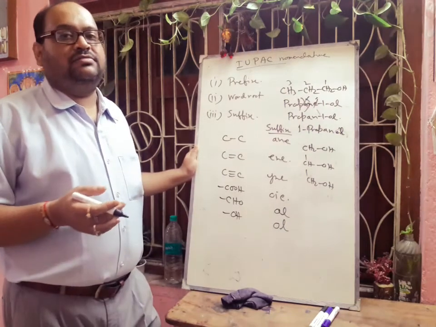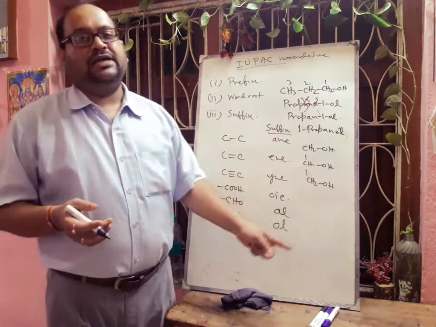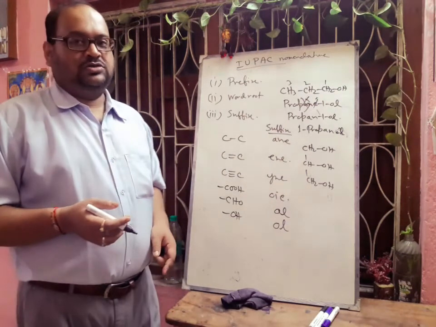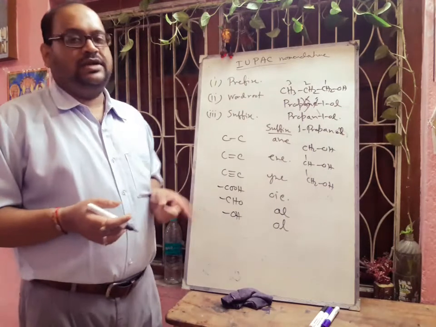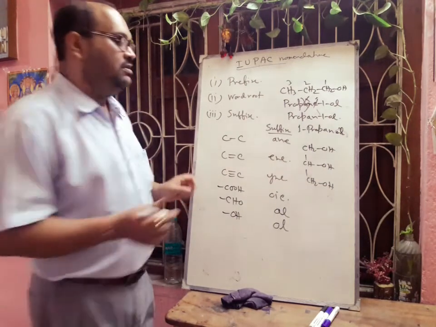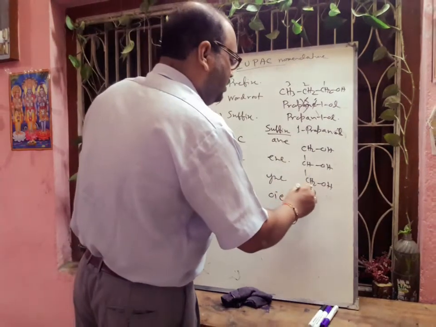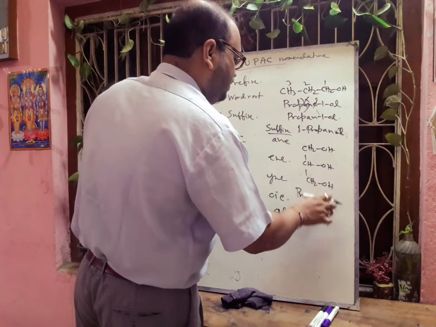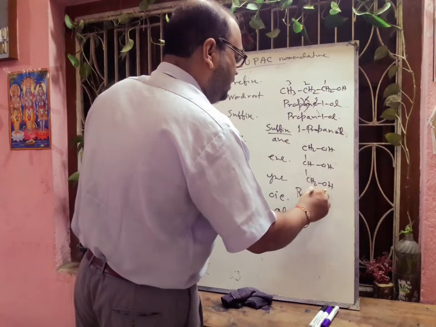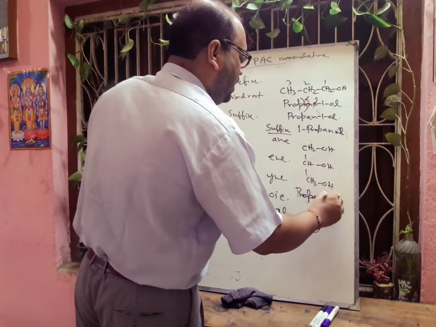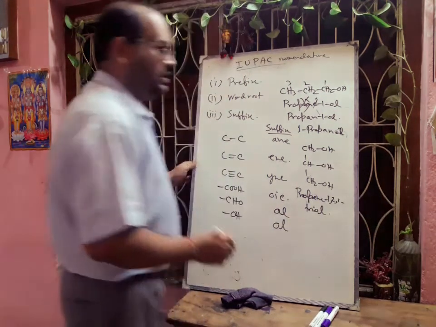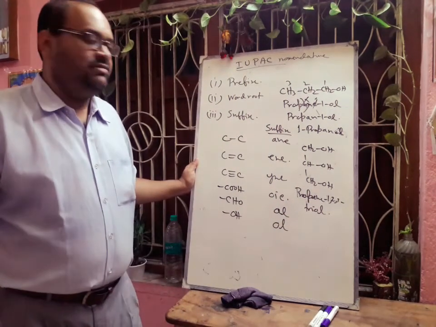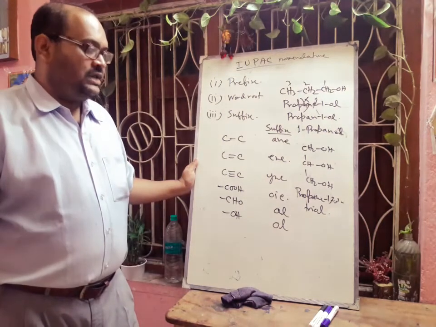Here three OH are there, so we have to write triol. As T is a consonant, we will not drop the E. Here we will write propane-1,2,3-triol. So that you have to understand.